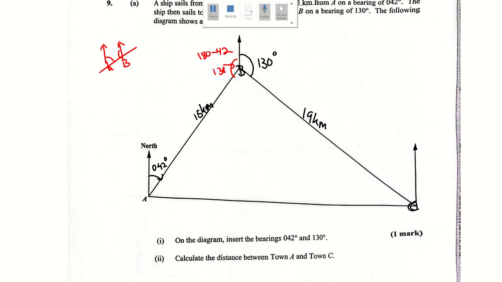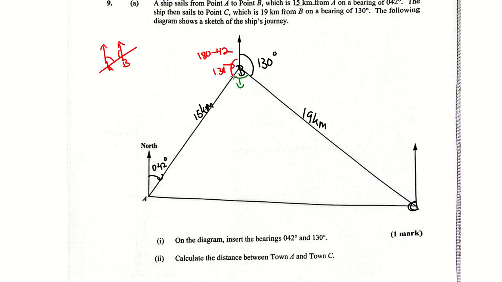Let's put it in a different color so you can see it. To calculate this angle here, we can see that this is an entire rotation, an entire circle, which is 360. If I add my green angle plus the red plus the black, I'm supposed to get 360.